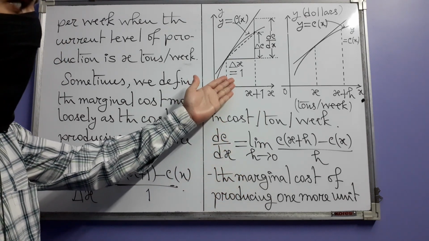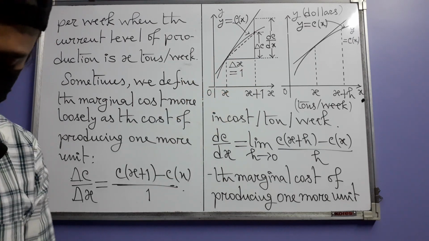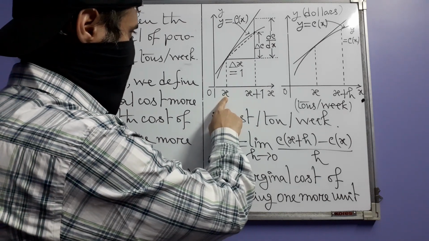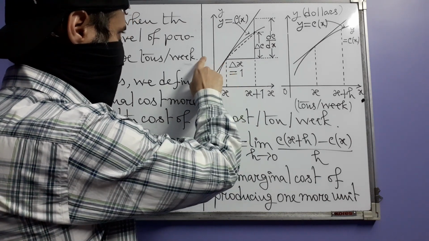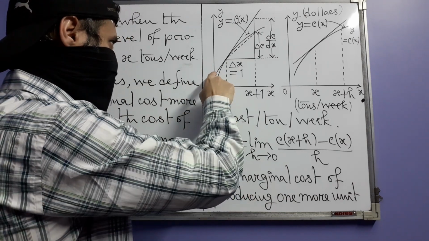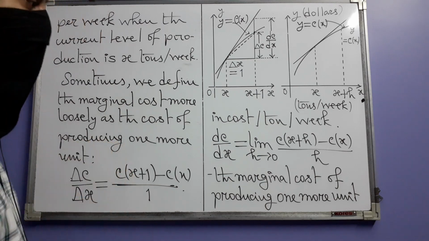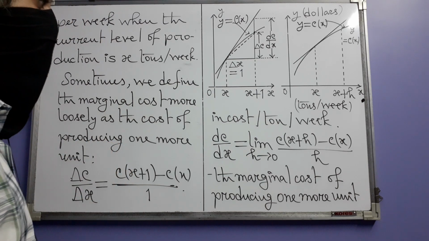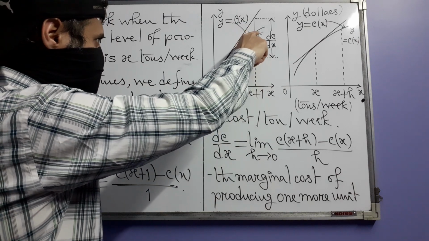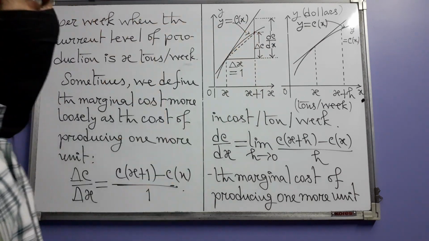And that situation you can see here. Same thing, same diagram. So your level of production is X here. You have the cost of that much production, C of X here. You also have the tangent at that point to the graph of y equal to C of X. But now if your level is X plus 1, the cost is more. This much is the cost, C of X plus 1.